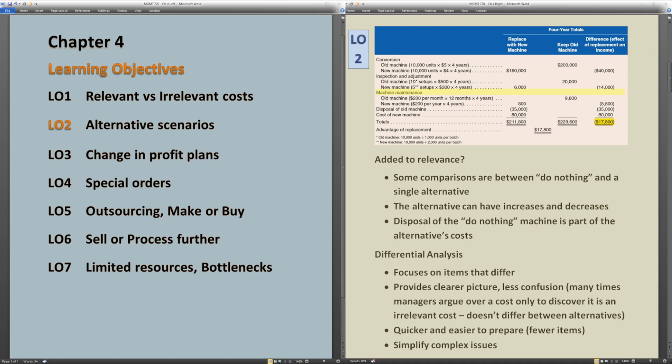Now you notice the conversion cost is a little bit different. Conversion costs are direct labor and manufacturing overhead. Inspection and adjustment requires less cost. Machine maintenance is much lower. And then, of course, an increase of cost that isn't in the do-nothing column is the cost of the new machine for $80,000.